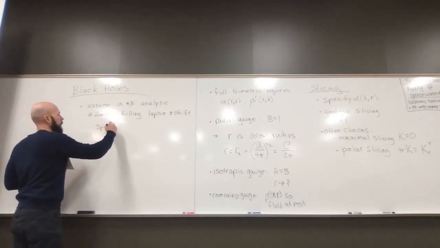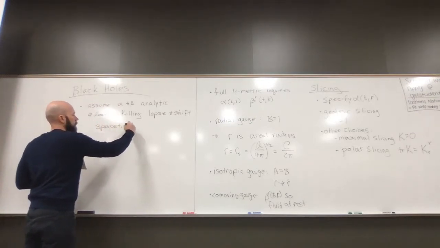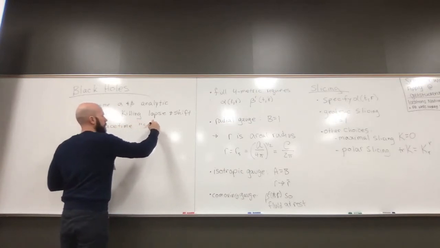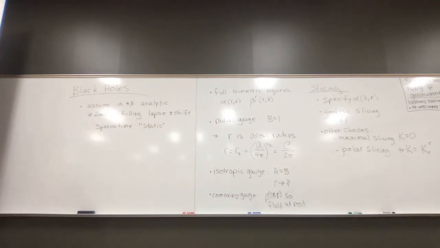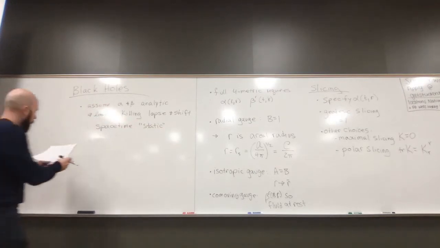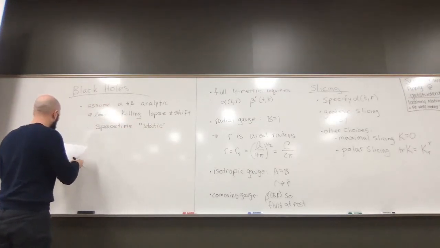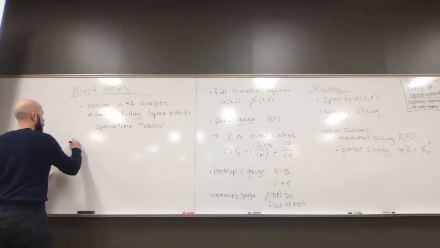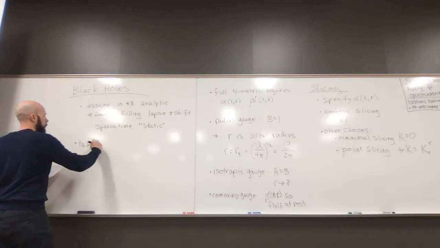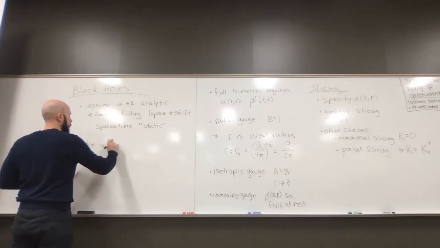Space-time is time independent. I'll call it static. Doesn't depend on time, right? If there's symmetry in the lapse direction and the shift direction. Okay, so let's take our initial data as being space-like.